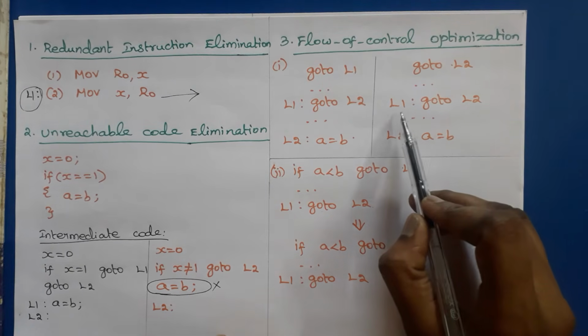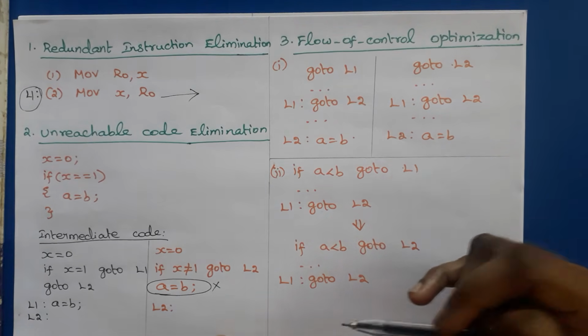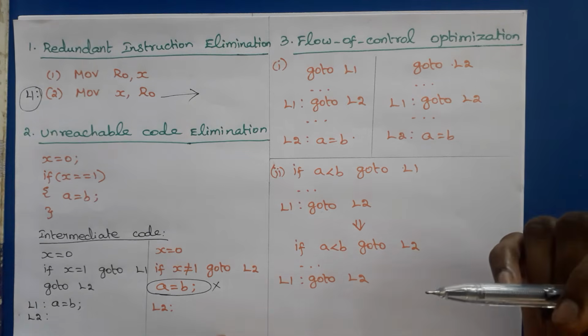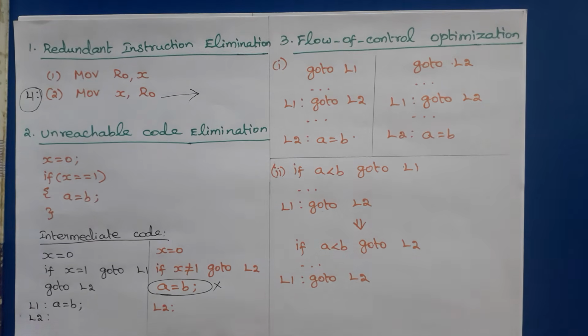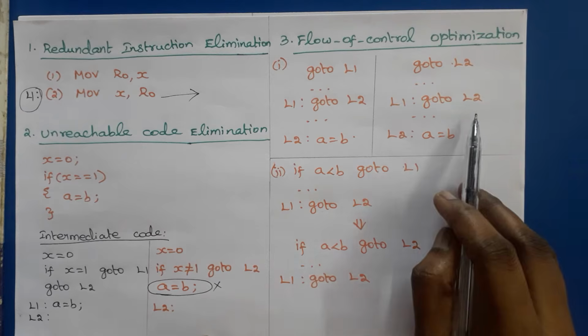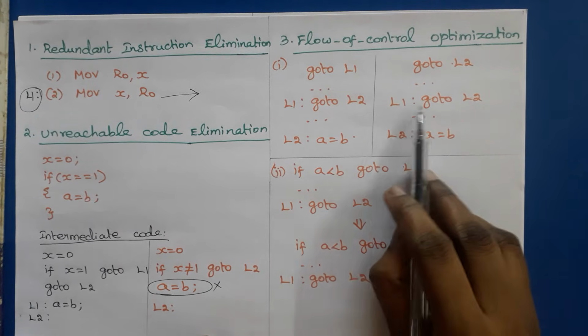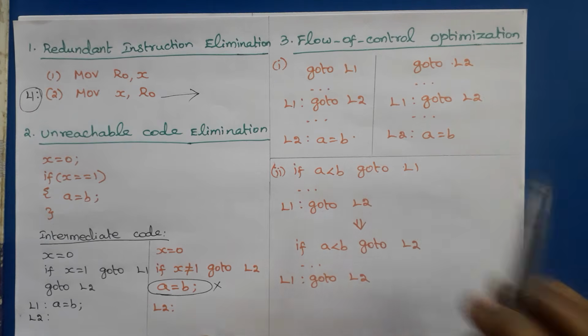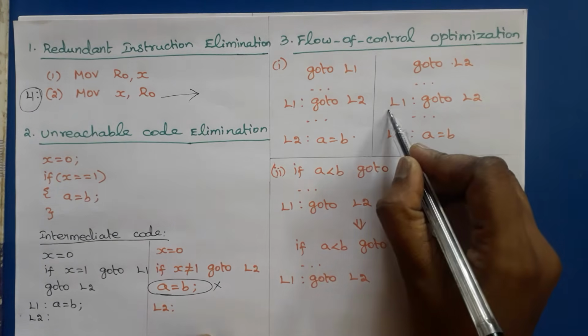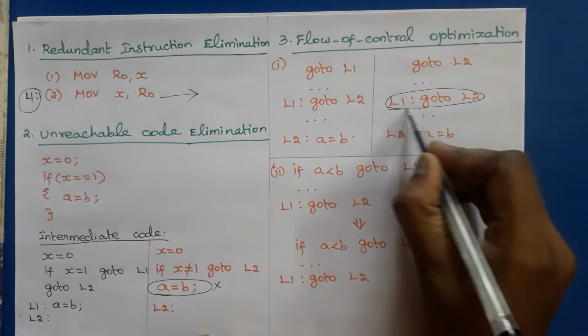So suppose any statement is not calling this statement, that is, if this statement is not the target of any other statement, then the statement can be safely removed, right?